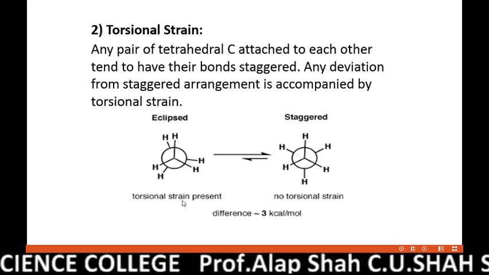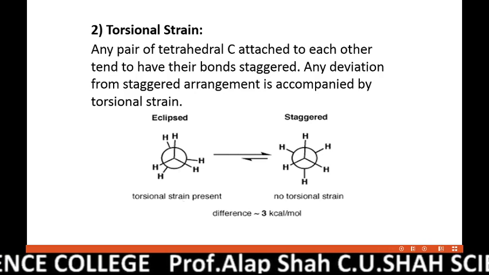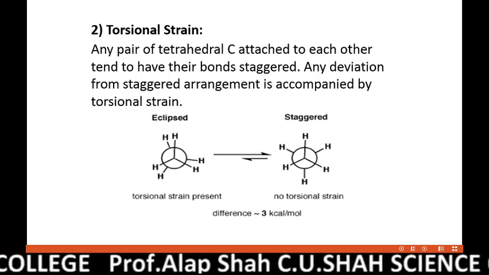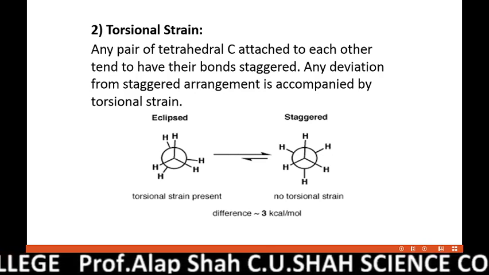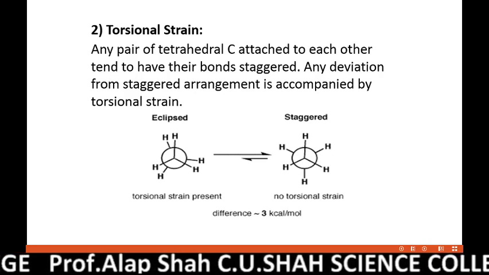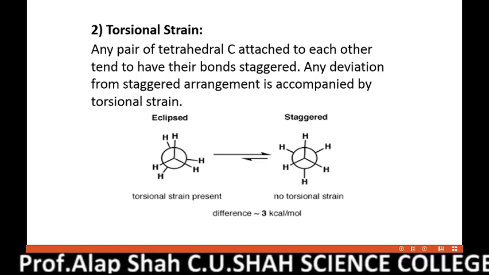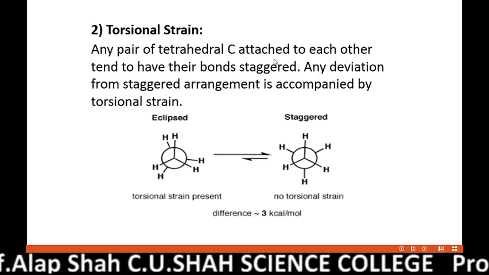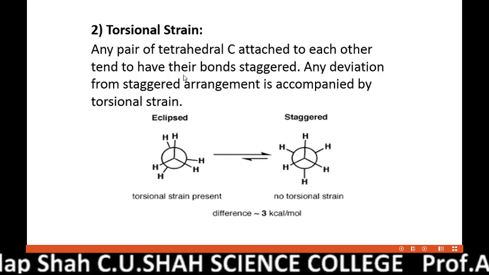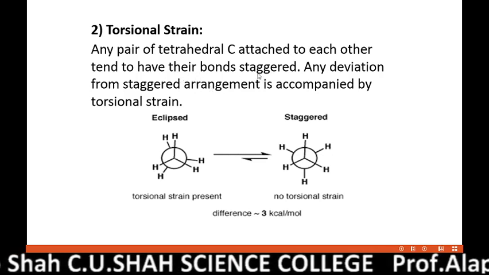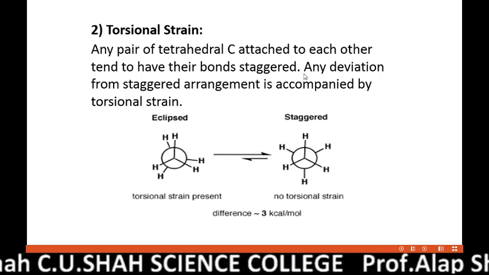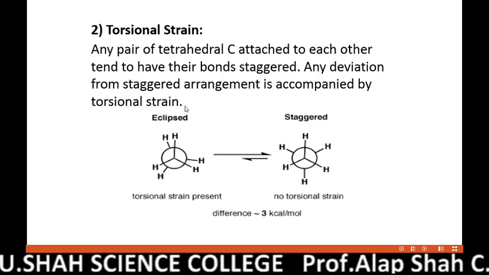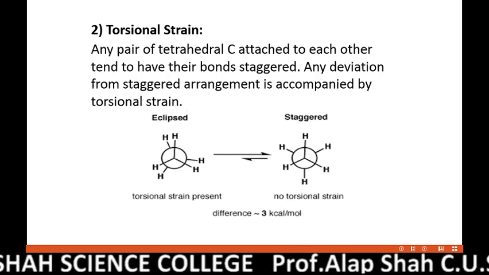As a result, this kind of arrangement causes repulsion, and this repulsion increases potential energy, which decreases stability. So here we can read that any pair of tetrahedral carbons attached to each other should be arranged so that the bonds are staggered with each other. Any deviation from the staggered arrangement is accompanied by torsional strain. It increases energy and decreases stability.